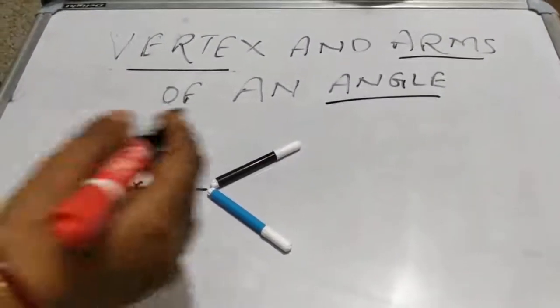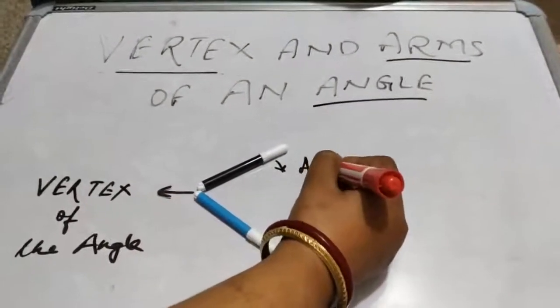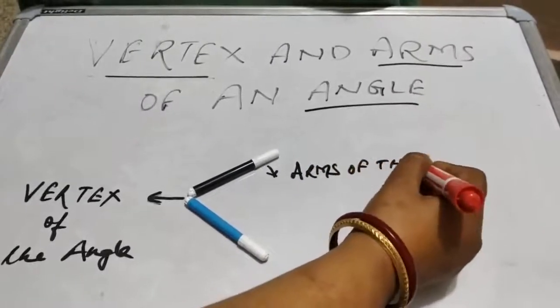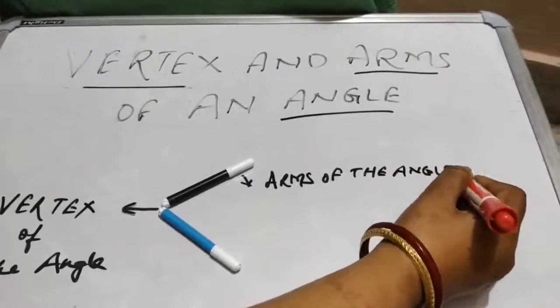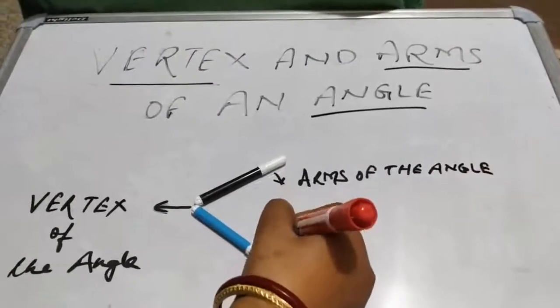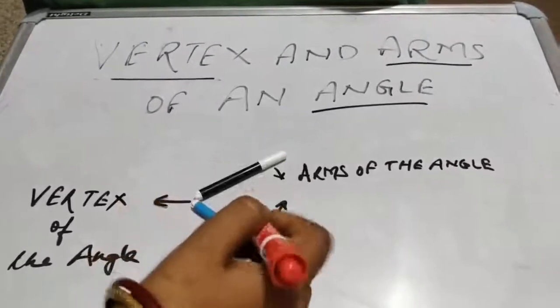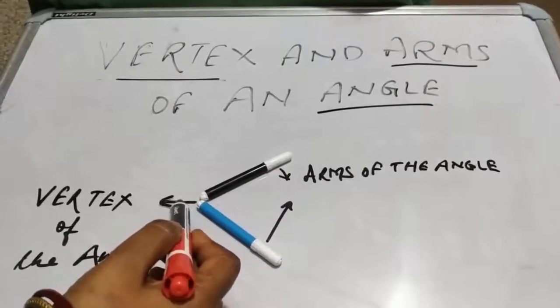And these are arms of the angle. These are also arms of the angle. These are arms of the angle, and this is the vertex of the angle.